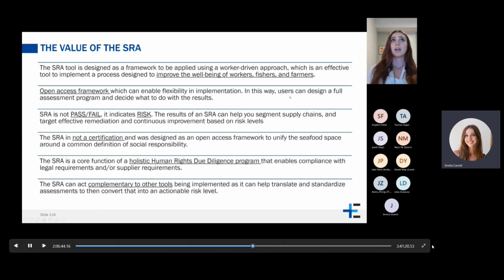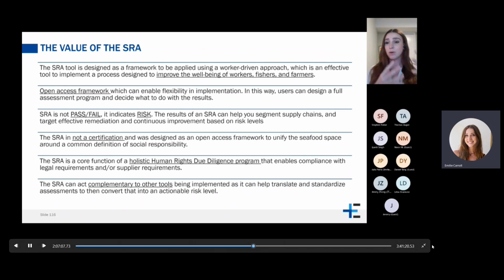So I just want to spend a little bit of time talking about the value of the SRA. I touched on a little bit of this in the last slide, but just to really emphasize its role in the seafood industry. First and foremost, the SRA tool is designed as a framework to be applied using a worker-driven approach, which is an effective tool to implement a process designed to improve the well-being of workers, fishers, and farmers.